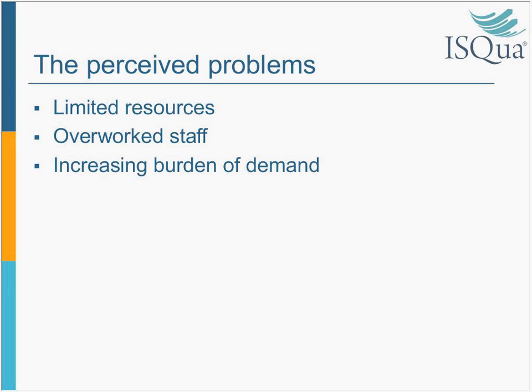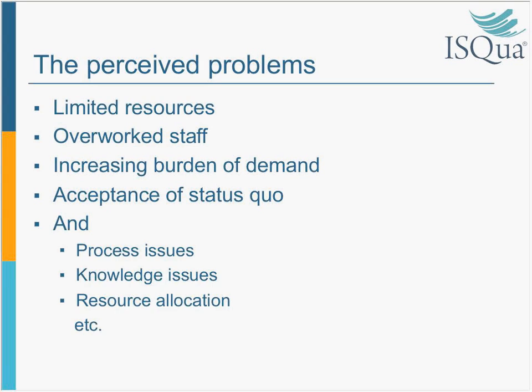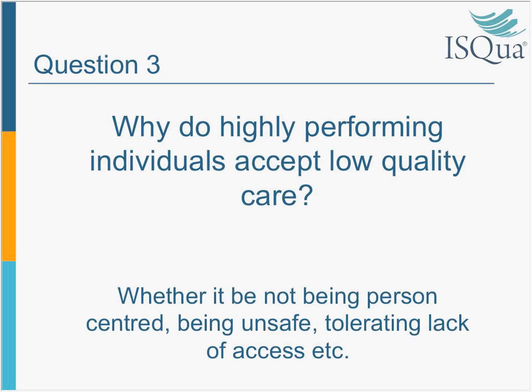We've just written a white paper at IHI, which you can download, on the burden that aging populations are going to give as more and more demand is put on the service. The absence of the status quo, we can't do much. And the usual problems of process, knowledge, not knowing how to improve, and resource allocation being unequal. Now, I could make this much longer.